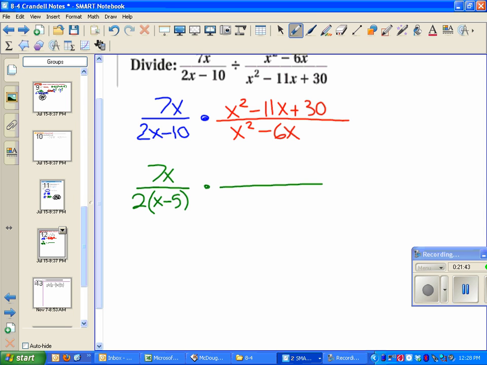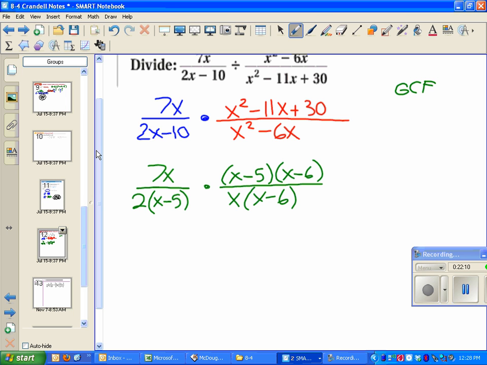The top factors into x minus 5 times x minus 6, and then the bottom, see that you're always looking for a GCF when you factor, so keep that in mind. And then sometimes once you factor out the GCF, you're done. So x squared minus 6x has a GCF of what? Good, x, and then inside we get x minus 6. So there's nothing left to factor.